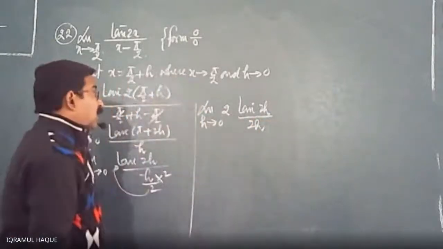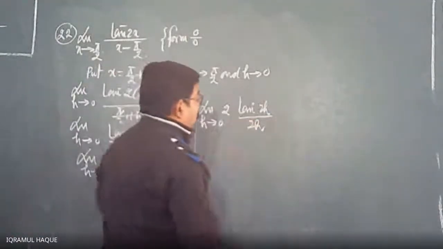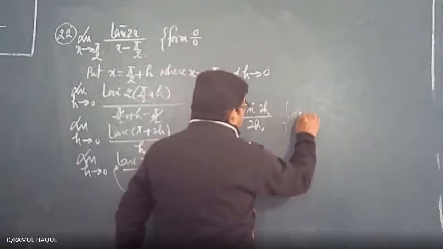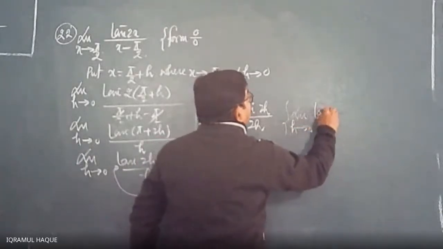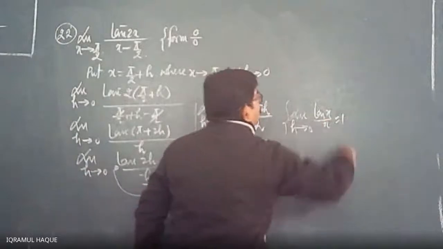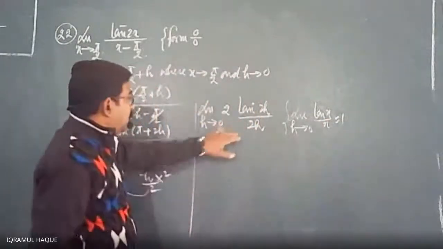And you know the formula, this one is equal to 1. See, limit h tends to 0, tan x upon x is equal to 1. So this becomes 1.